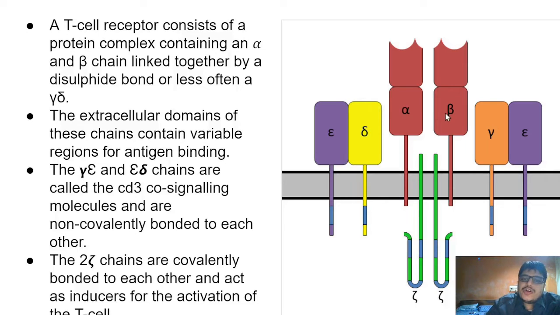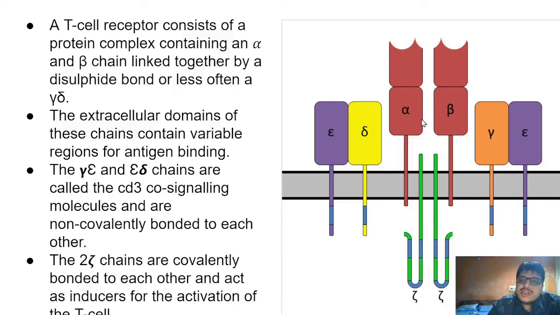So, talking about the structure now, T cell receptor consists of a protein complex containing alpha chain, which is here. This peptide chain is called the alpha chain. This peptide chain is called the beta chain. So, this alpha chain and beta chain together form the T cell receptor, which is just the protein here.